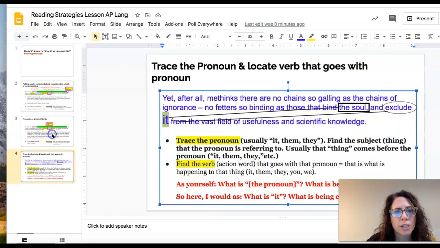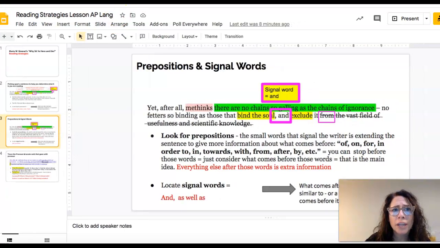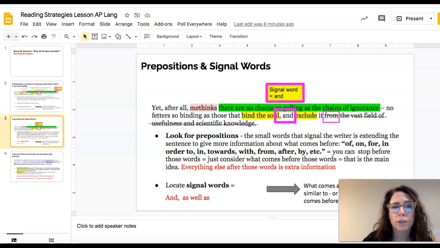The other strategy is locate those prepositions, those small little words, and then know that everything after that preposition is extra information that will help deepen your analysis, right? And then locate the signal words, the conjunctions: and, but, for, or, nor, yet, so. Those are your conjunctions. Everything after that is like a likeness to what comes before, or even more information from what comes before.